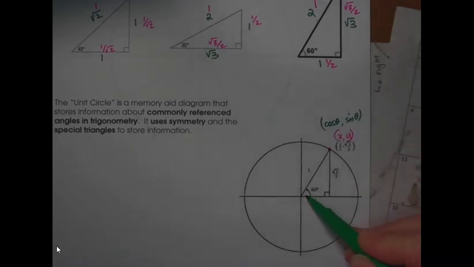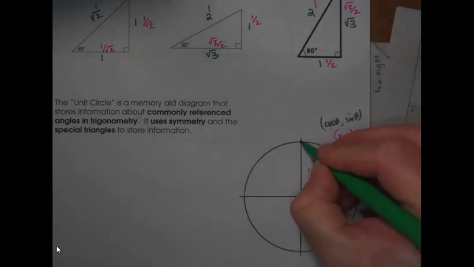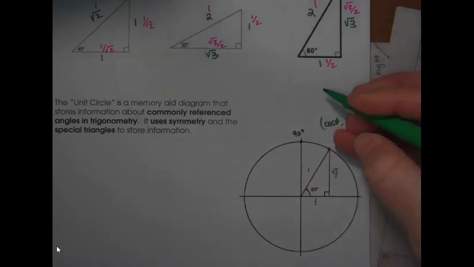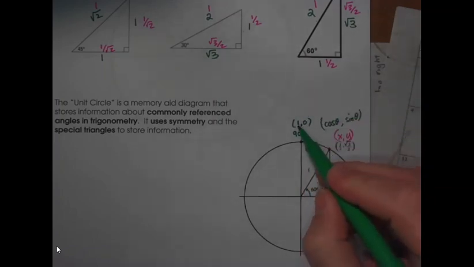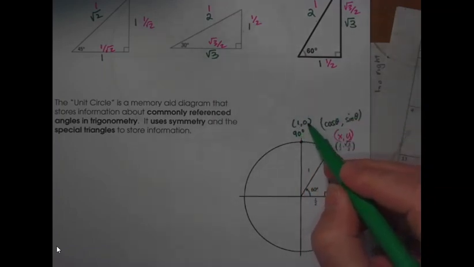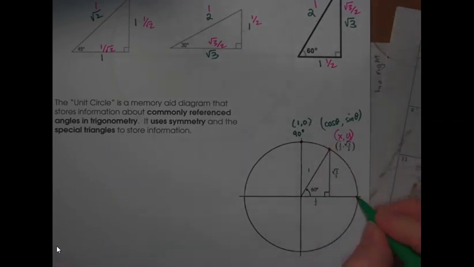We'll do the same thing with 45. We'll do the same thing with 30. However, the unit circle also does stuff with other angles that are important. For example, at 90 degrees, that point is 0, 1. Cos of 90 is 0, and sine of 90 is 1.